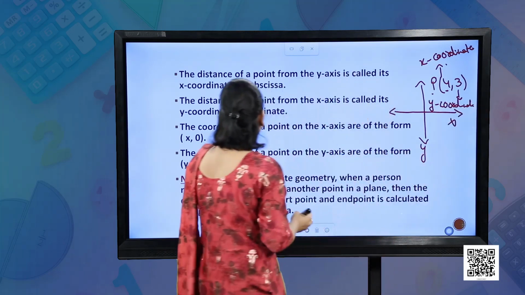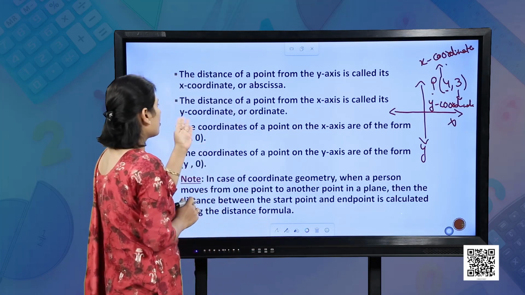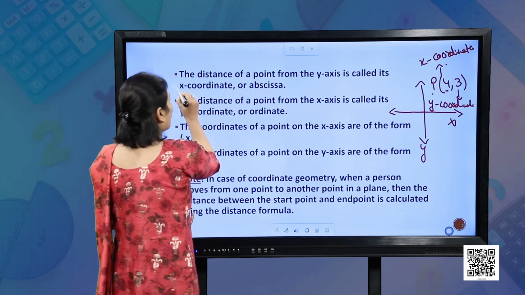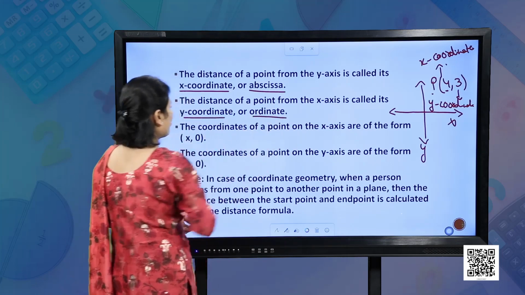What is the y coordinate? The distance of a point from the x-axis is called the y coordinate or ordinate. The x coordinate is also called the abscissa and the y coordinate is called the ordinate.